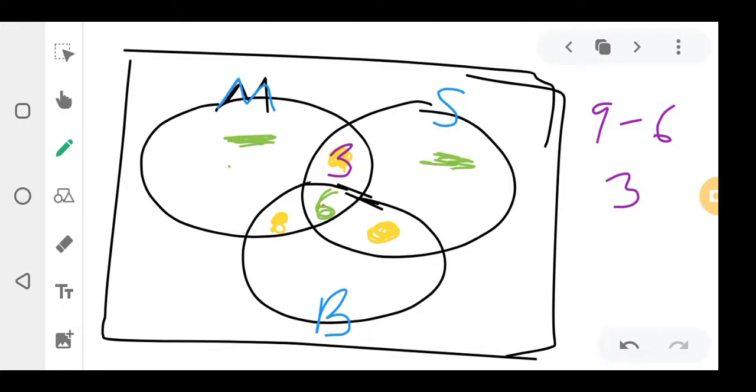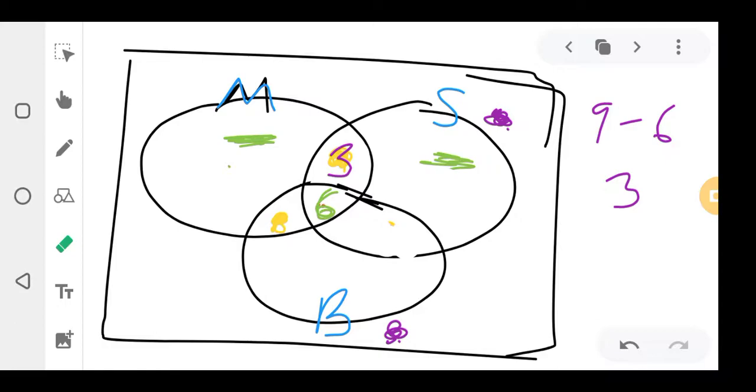The number that you put in these ones where I've put yellow, once you know the number, you subtract from 6. Okay? So the next number I'm looking for is those who took science and biology only, meaning they should come here. So they're between science and biology.